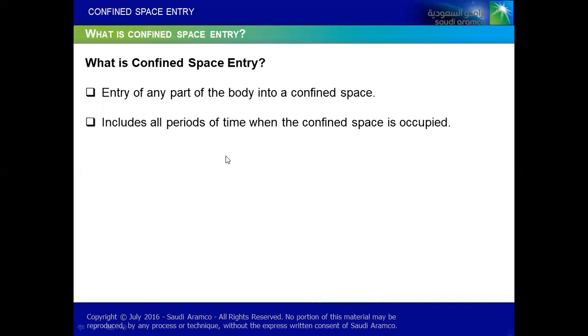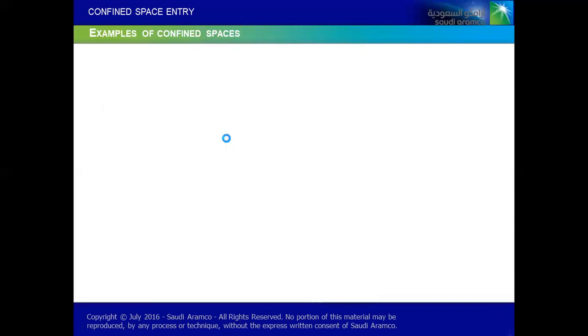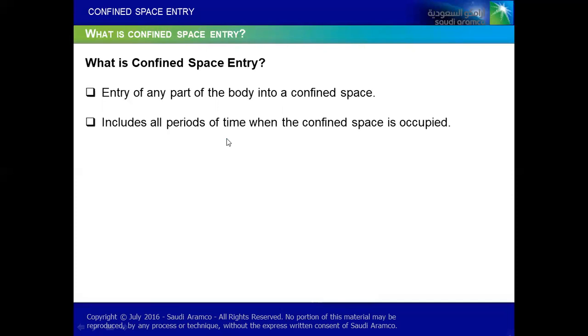That is why I hope you have some information about the CSE log sheet, and that is why every individual going inside as per the plan must mention the ID, the name, the time in, time out, and the reason he is going inside, clearly on the CSE log sheet.